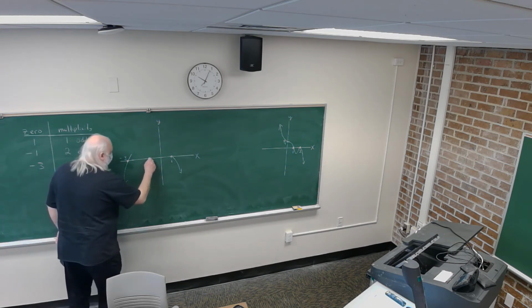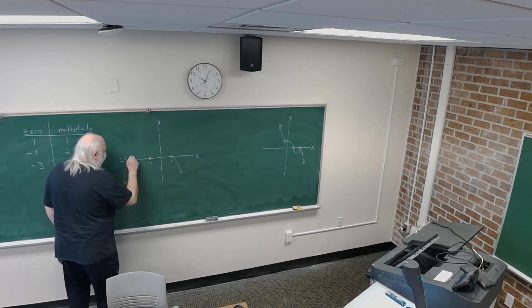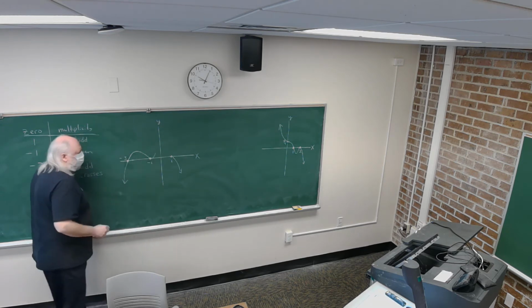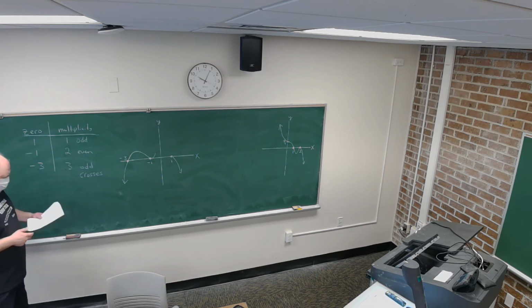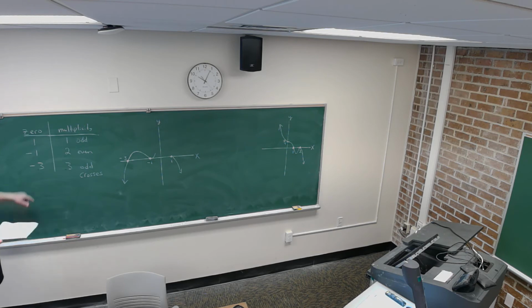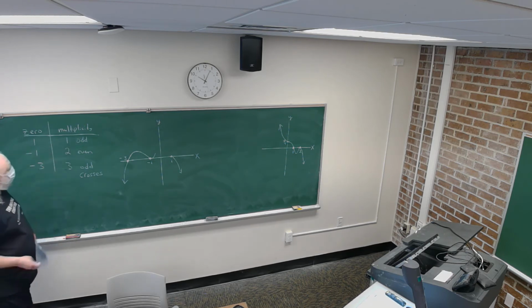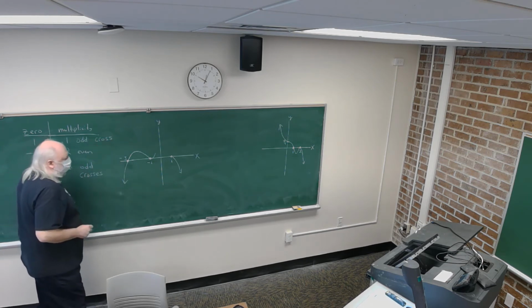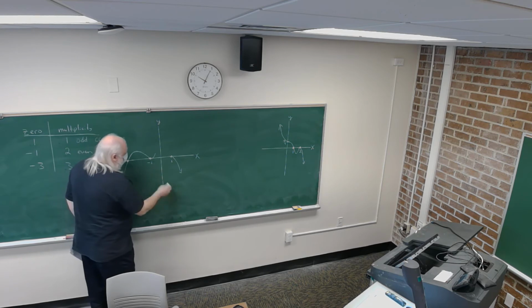So what has to happen is that the graph forms a turning point, comes down and touches the x-axis at x equals minus 1, and then turns back up again. At x equals 1, the multiplicity is odd, and so the graph has to cross the x-axis at x equals 1. And the graph goes down, so this all makes sense.